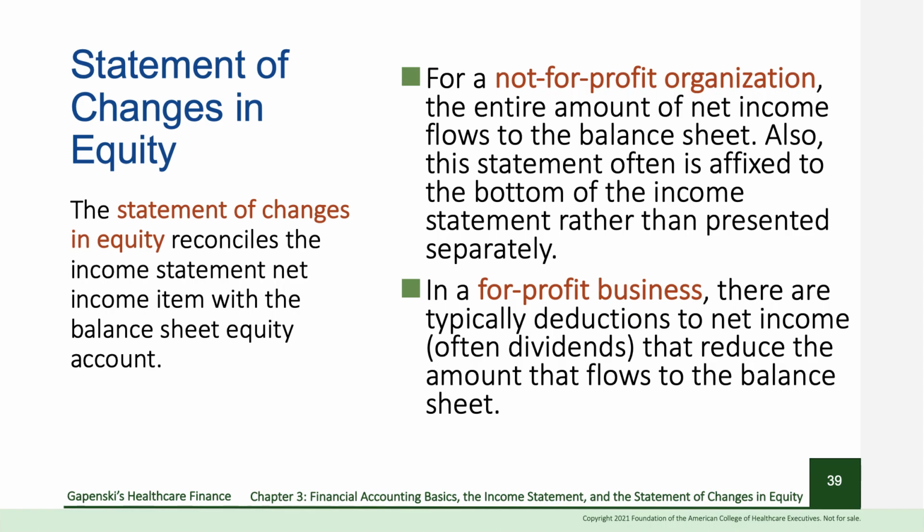For a not-for-profit organization, the entire amount of net income flows into the balance sheet, because you don't have to pay your owners or the stockholders. Also, the statement often is affixed to the bottom of the income statement rather than presented separately. But for a for-profit business, there are deductions to net income, which are often known as dividends, and that reduces the amount that actually flows into the balance sheet.